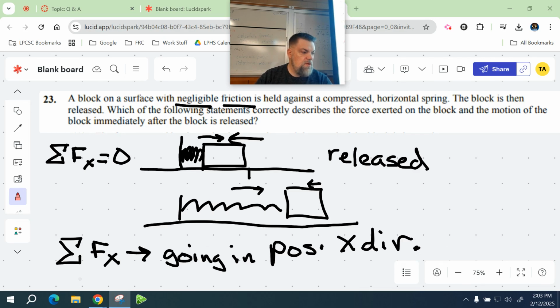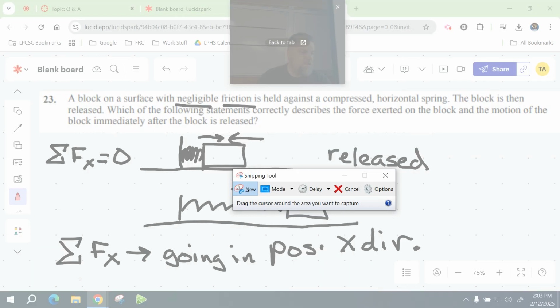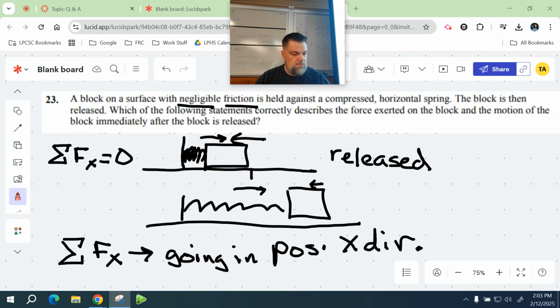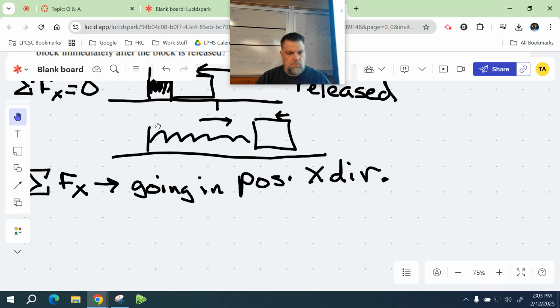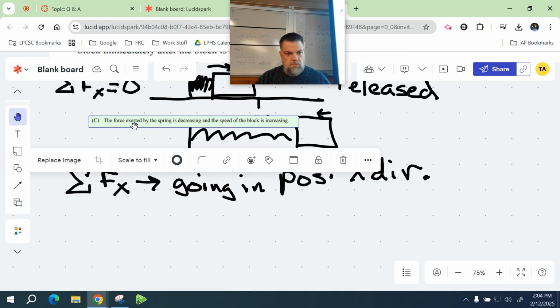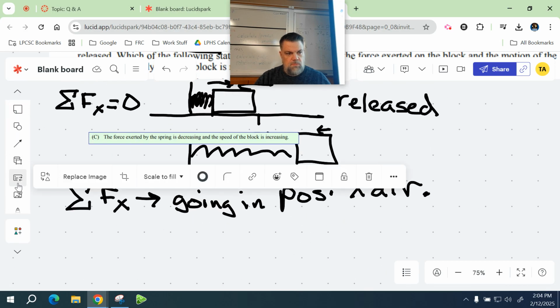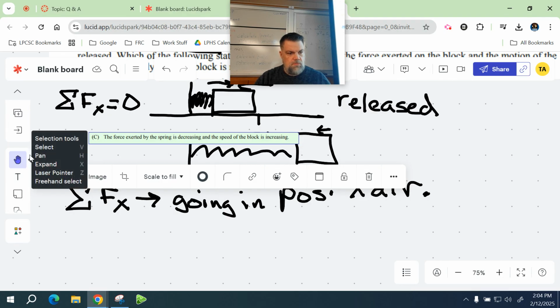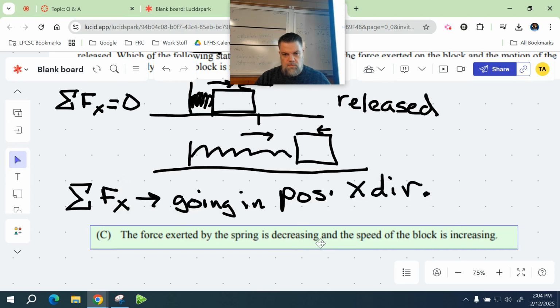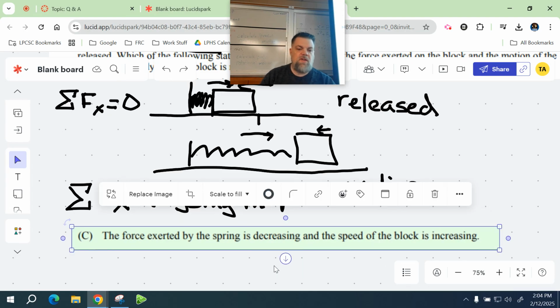Okay. So the answer for that one, and the wording that they used, the force exerted by the spring is decreasing and the speed of the block is increasing.